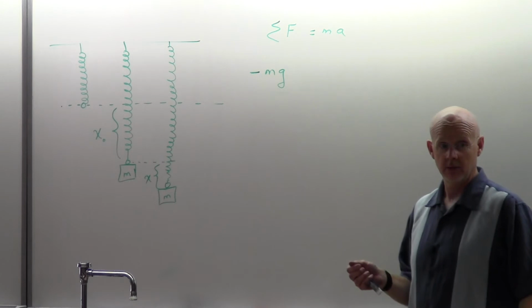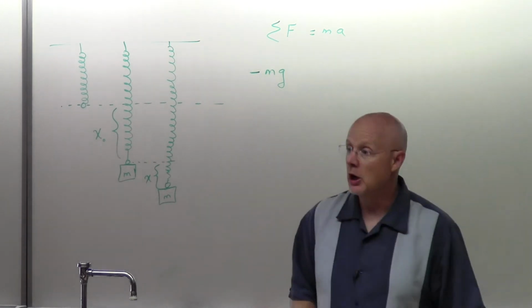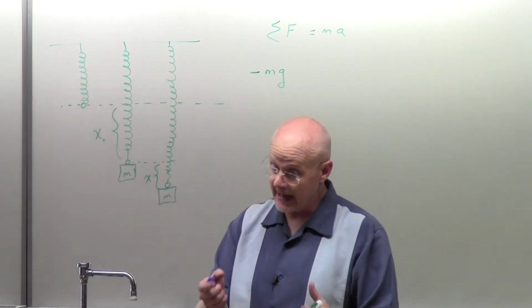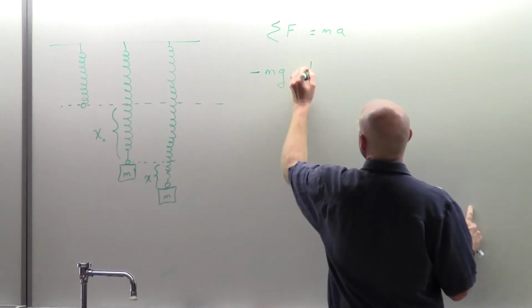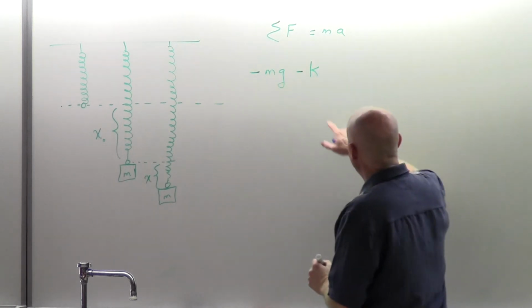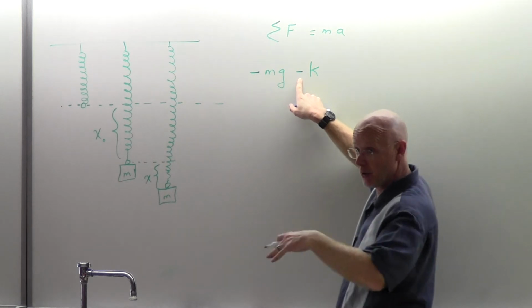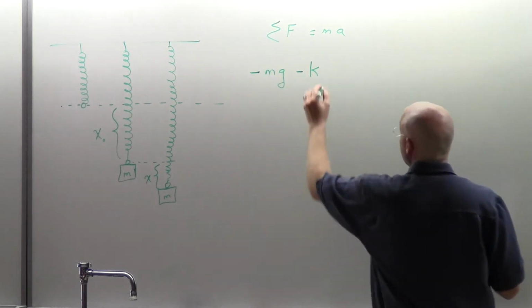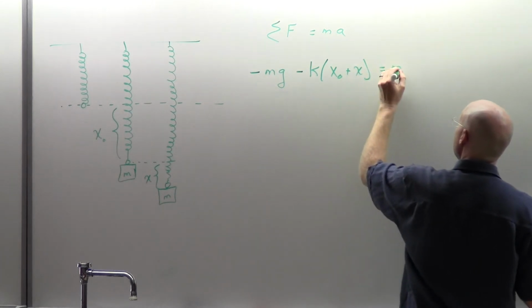Okay, I'll continue to call down negative. All right, so we got the force of gravity pulling it down. That's negative. I've got the spring. Now again, even though the spring is pulling up, the minus sign is still there to accommodate the sign, down being negative. But this would be x naught plus x equals ma.